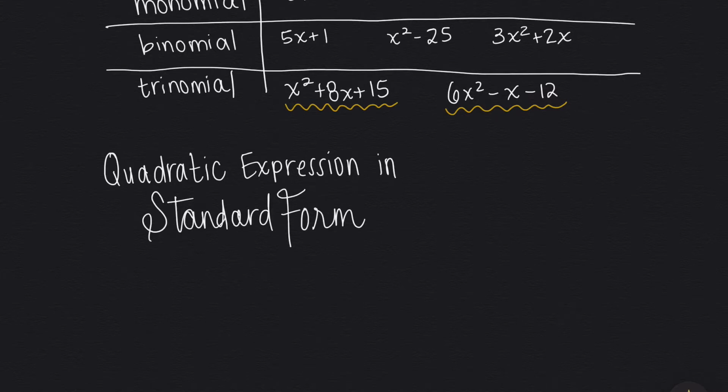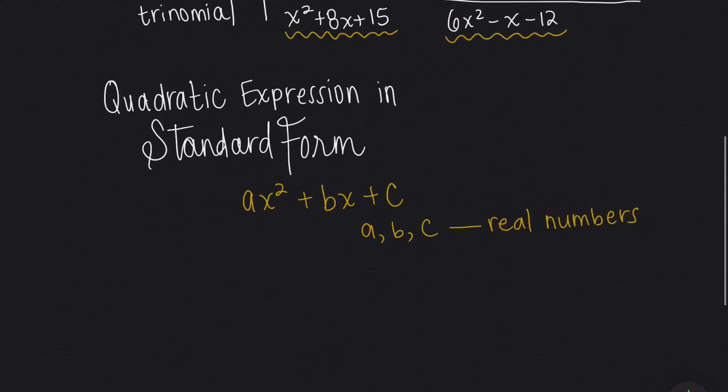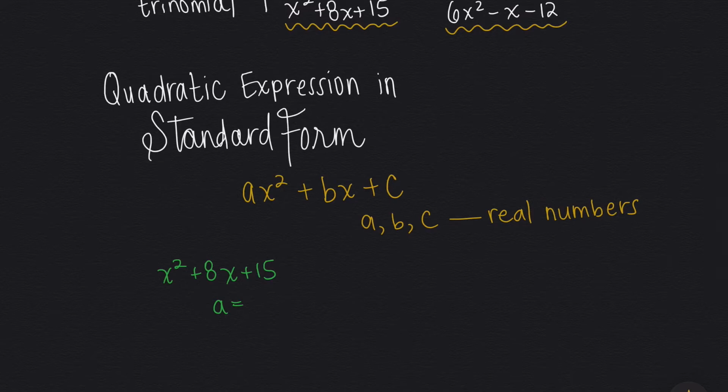It looks like this: ax squared plus bx plus c, where a, b, and c stand for numbers. For example, with x squared plus 8x plus 15, our a would be the coefficient of the quadratic term. And notice, since we don't see a number in front of the x squared, we know there's an invisible 1 there.